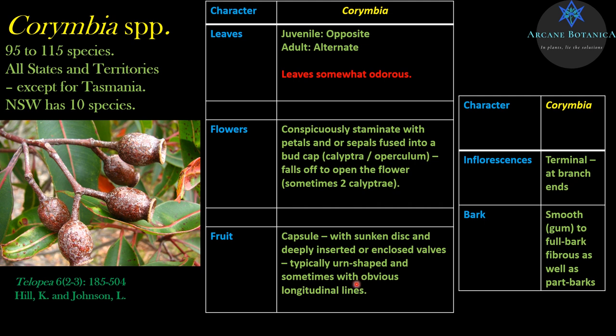A lot of them have that distinctive shape, and sometimes they've got longitudinal lines, a bit like the Angophoras, but they tend to be more like lines rather than raised ribs. A few more things here, again, which comes from this paper that I'll throw in. I did say Corymbia tend to have inflorescences that are terminal. That's the case a lot of the time, but some of them also have axillary inflorescences.